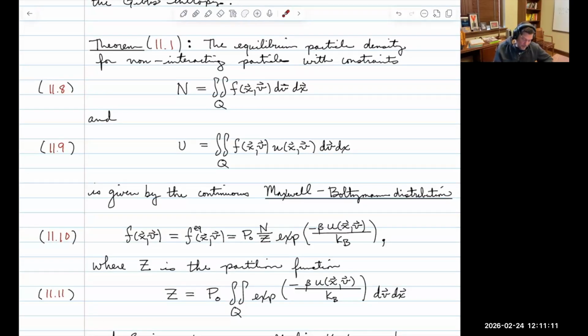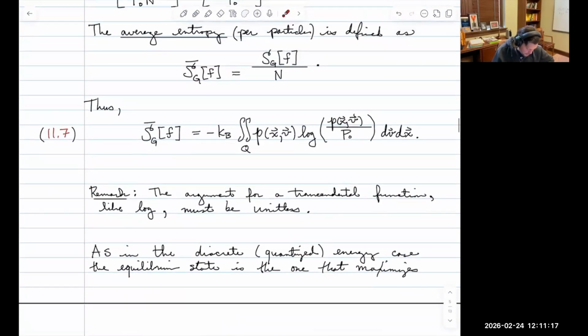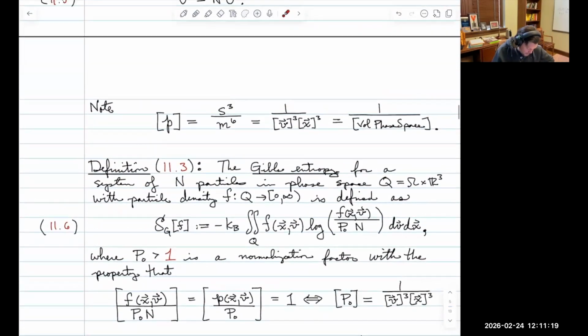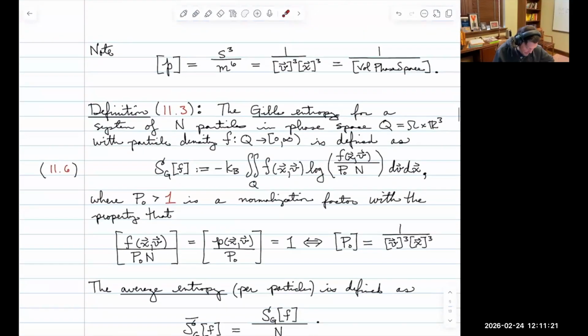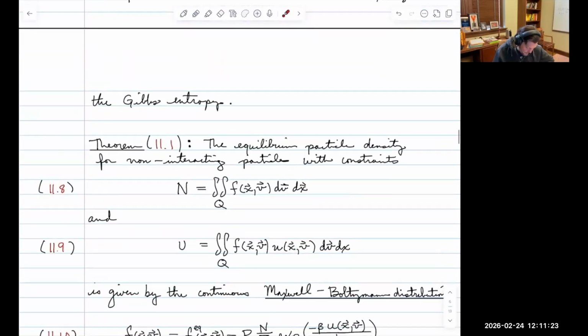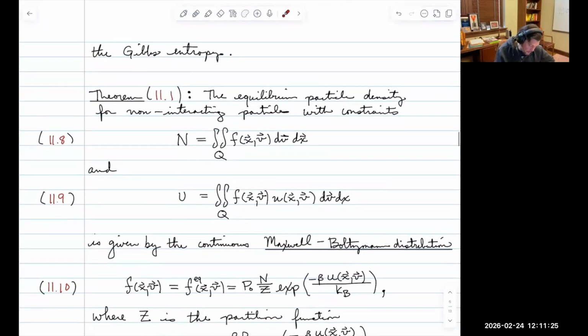All right, so the equilibrium particle density, theorem 11.1. Let's see, I think I numbered this theorem wrong. I've already got 11.3, so this should be theorem 11.4.